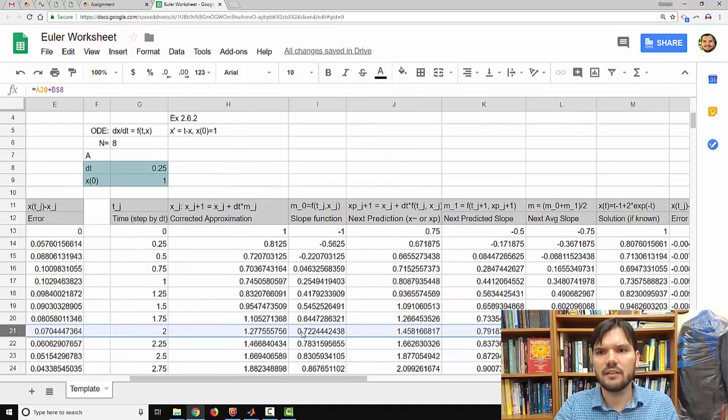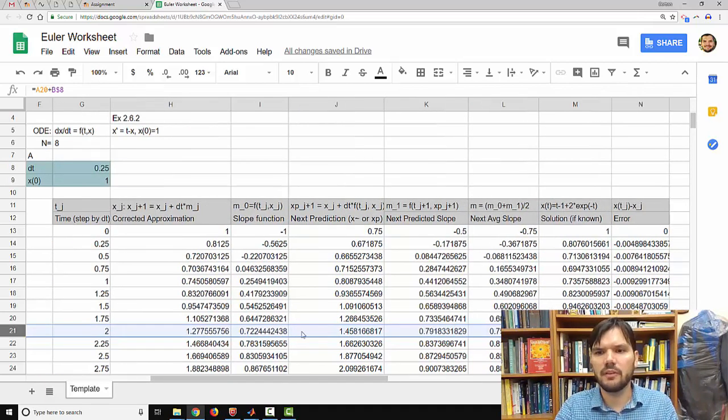Now let's check the error for the improved Euler method. Previously it was negative 0.03, and now it's down to negative 0.007, let's say. So if we divided it, okay, so that's not quite dividing by 5.